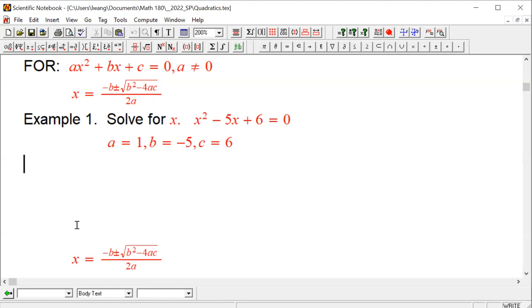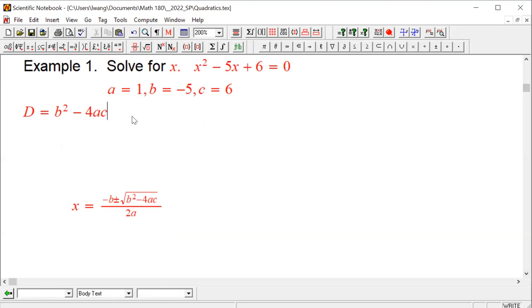The step I personally recommend is the following. I'm going to take the discriminant. The discriminant is b squared minus 4ac. I do this separately because it makes my steps clearer and the calculation doesn't seem so crowded, right?